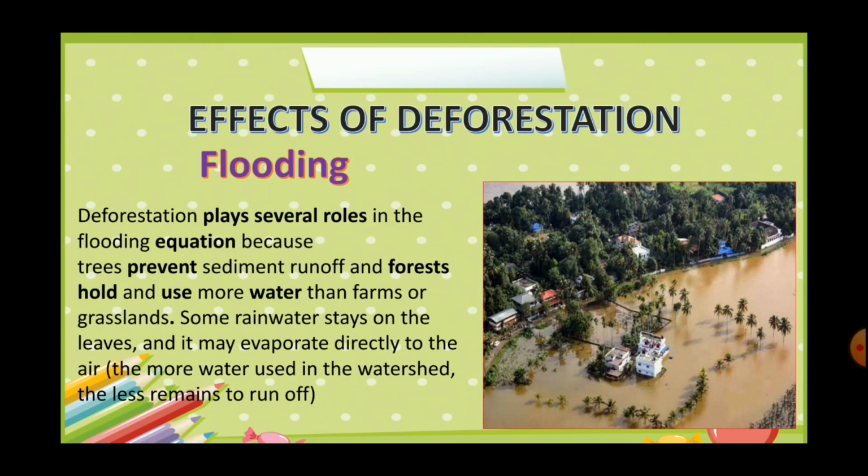Some rainwater stays on the leaves and may evaporate directly into the air. The more water used in the watershed, the less remains to run off. So, if the trees are there, if forests are there, then the chances of flooding can be reduced.